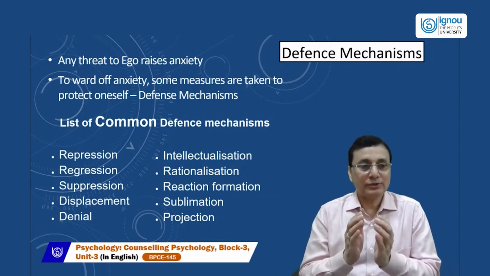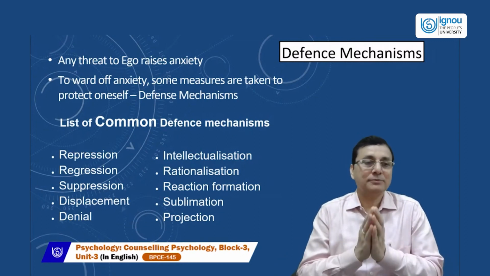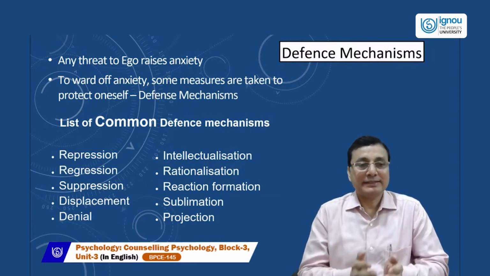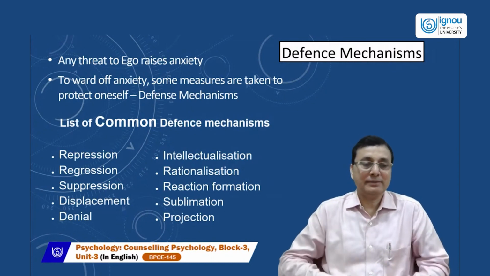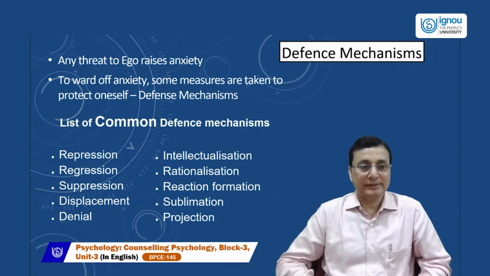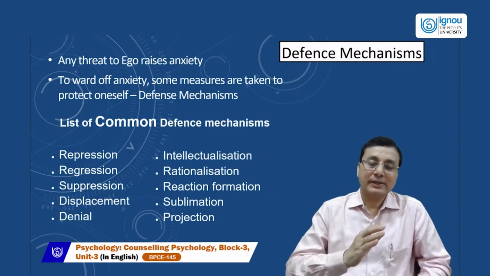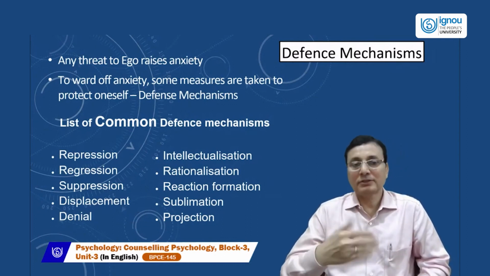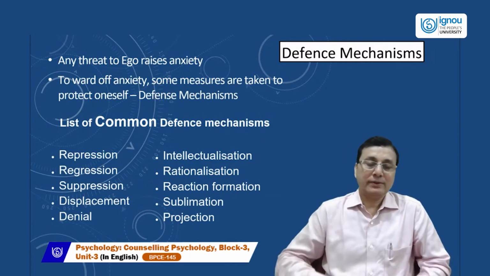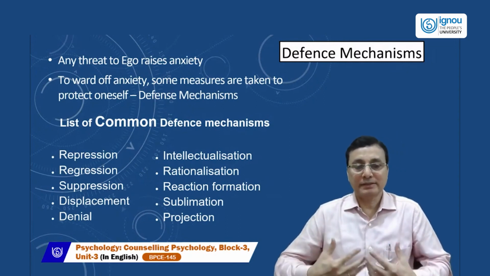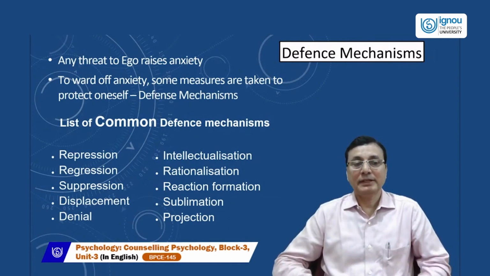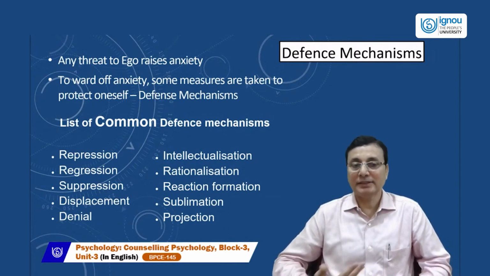Suppression is, in the true sense, not a defense mechanism because suppression is done consciously by the person, the ego. All these defense mechanisms are used unconsciously by the ego. It is not that the person is aware of the defense mechanism he is using.